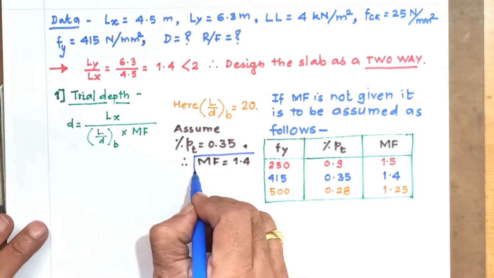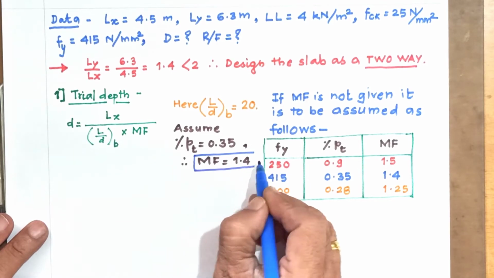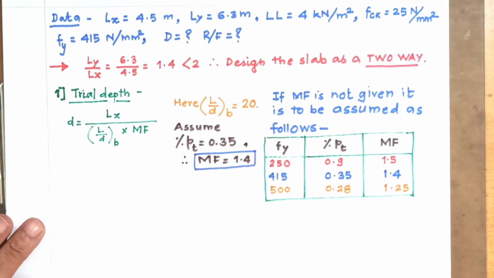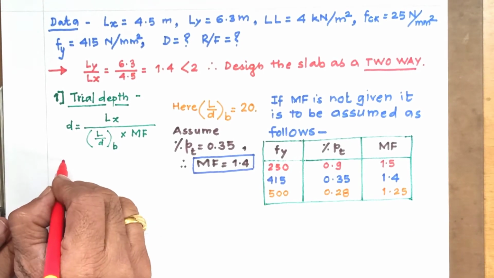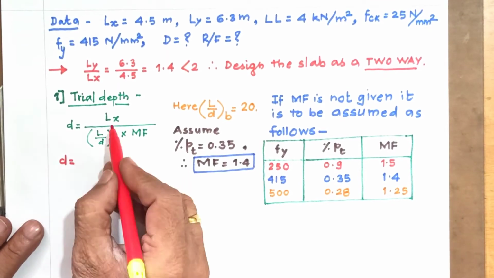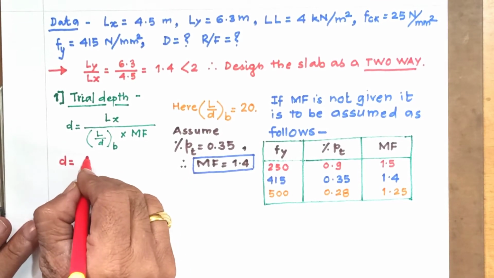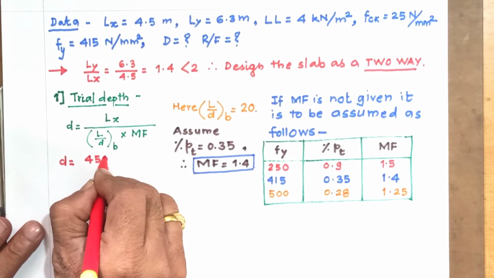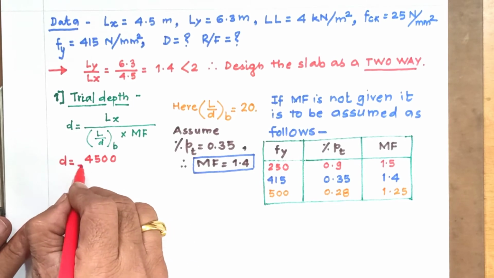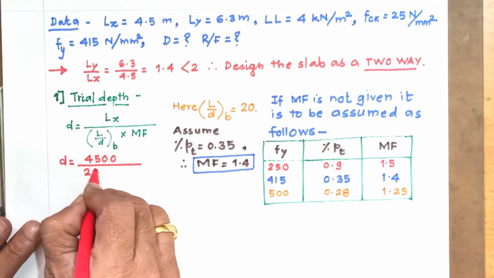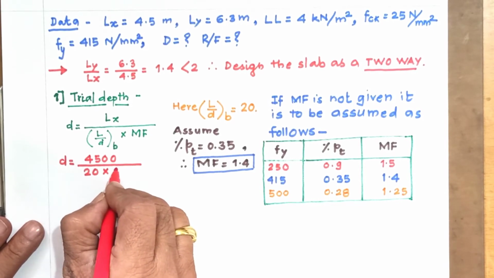Whatever things are assumed, you have to check whether it is correct or not. Okay? Therefore, now we will calculate the value of d. d is equal to Lx, which is 4500, divided by basic L by d ratio, which is 20, and modification factor is 1.4.